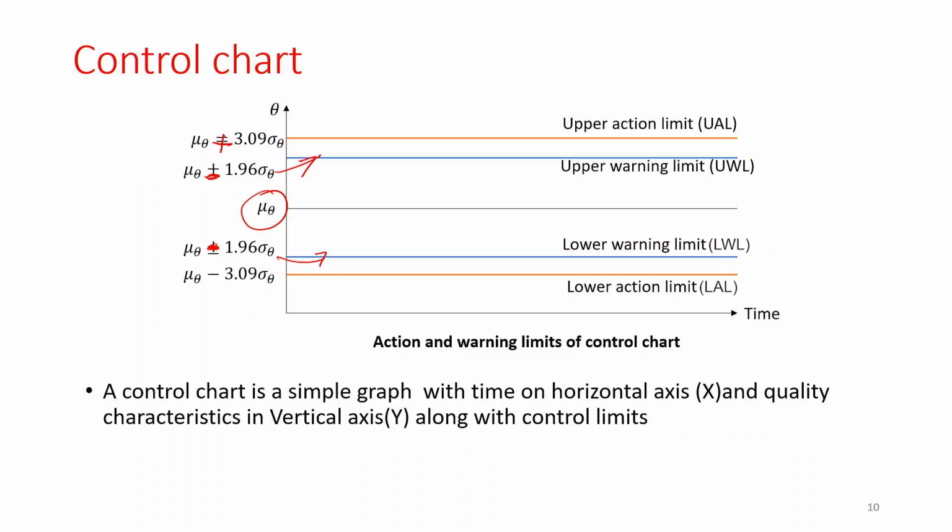That is the upper action limit and the lower action limit. The upper action limit is close to 3 times the standard deviation, and the warning limit is 2 times the standard deviation.